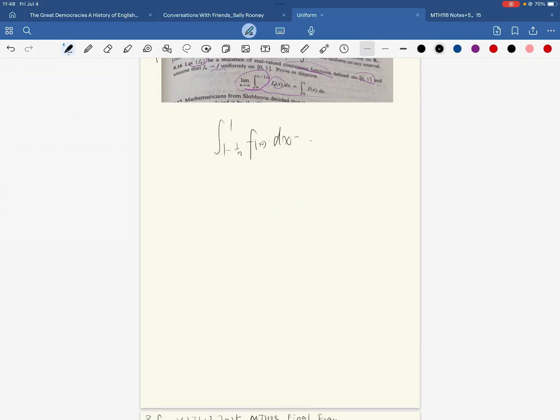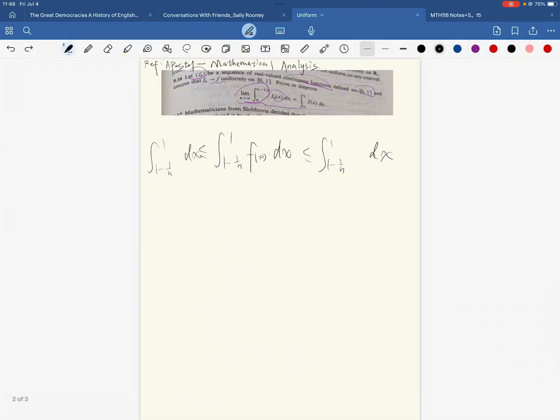So we want to find an upper bound and a lower bound of f(x) to know if this goes to 0 as n goes to infinity.